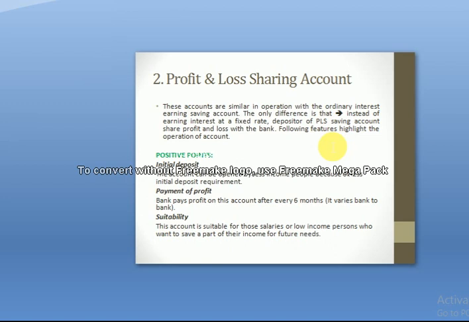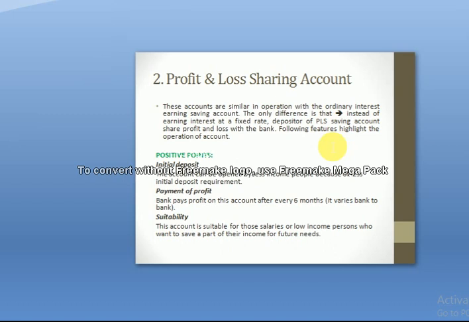They want halal returns. For that purpose, the profit and loss account is offered by the bank to collect deposits. This account is opened with minimum amounts. No huge amount is required for opening such an account.